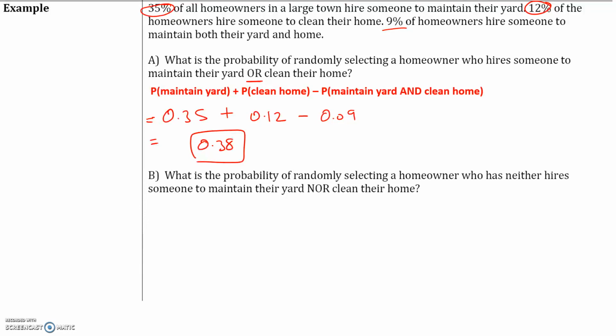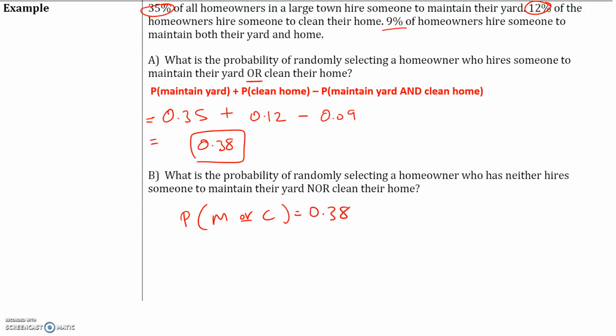What is the probability of randomly selecting a homeowner who has neither hired someone to maintain their yard nor clean their home? Well, okay, let's think about this. The probability that the homeowner hires someone to maintain their yard or clean their home is 0.38.